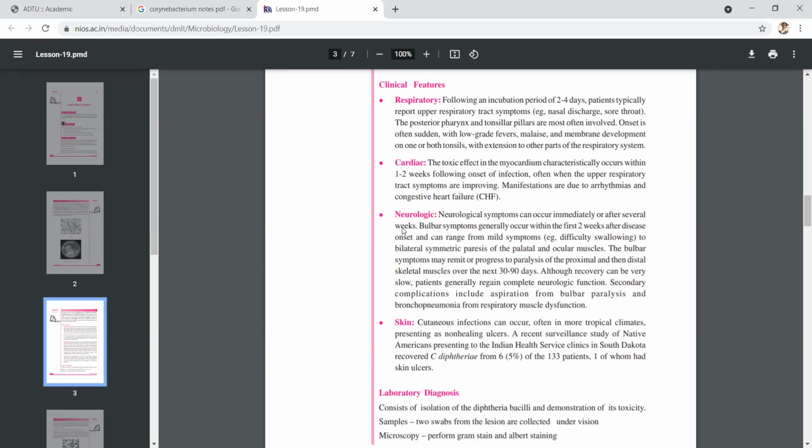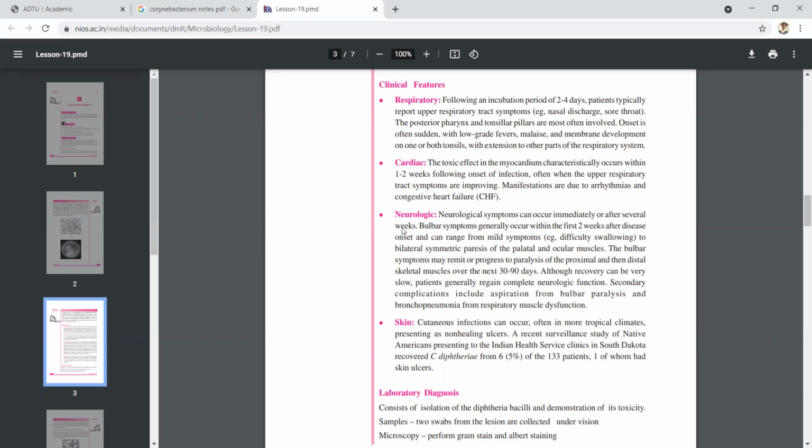Okay, the bulbar symptoms may remit or progress to paralysis. Either they may reoccur again and again, or they may progress, and from those areas like palatal and ocular muscles, it will involve the other areas also, and finally it progresses towards paralysis, making it difficult for the person to move.